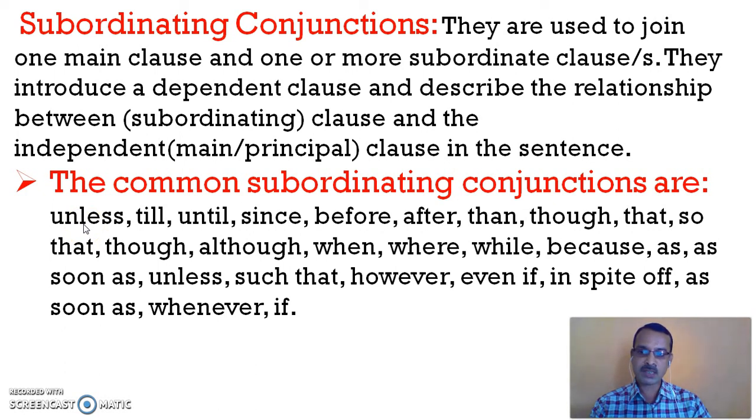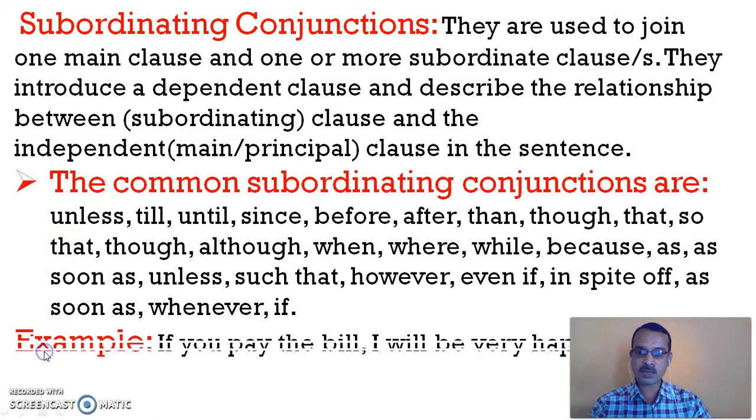You need to understand and remember these subordinating conjunctions to use in different examples. These are the most commonly used subordinating conjunctions in spoken as well as written communication. Here you must understand one thing, that in a question of conjunctions there are two clauses.